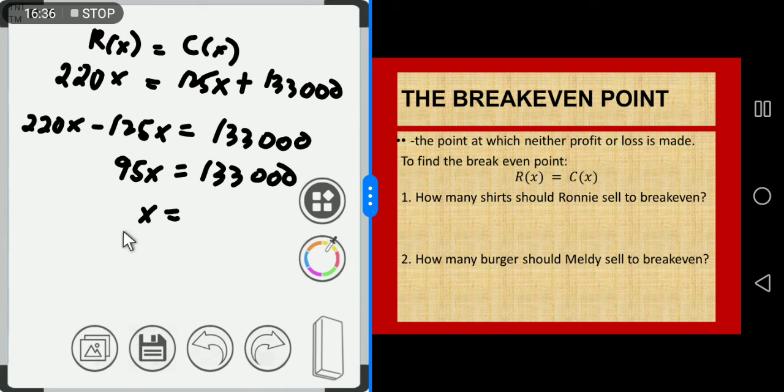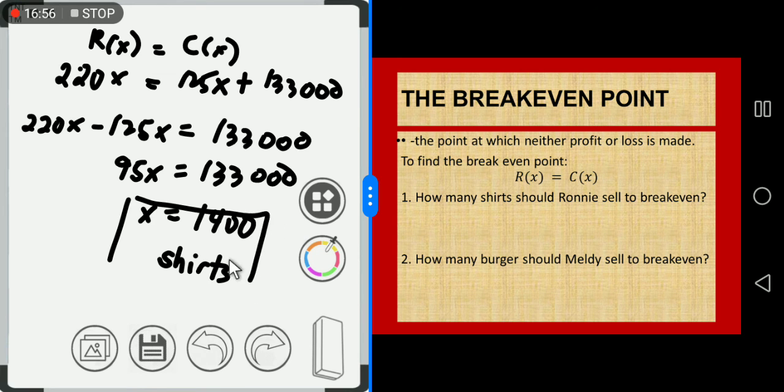Okay, so it's 1,400. Ano yung ating unit? It's not pesos. This one is shirts. So ibig sabihin kailangan makabenta si Ronnie ng 1,400 shirts para mabawi niya yung kanyang puhunan. Okay? So, ayan yung ating answer sa number 1.